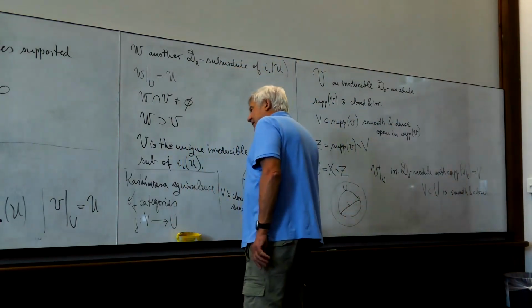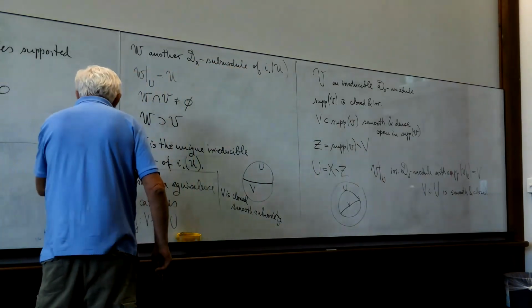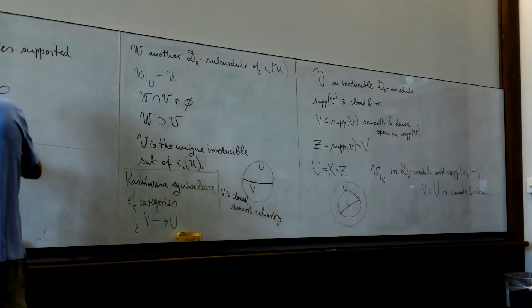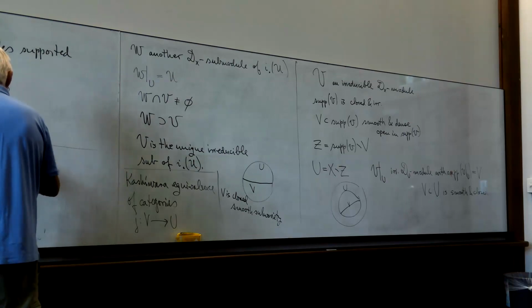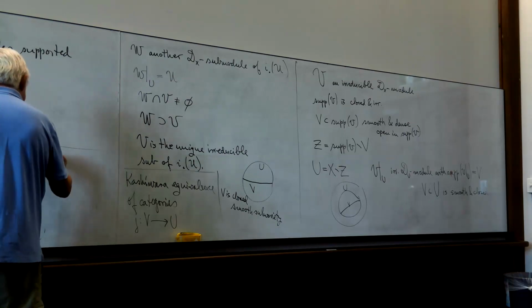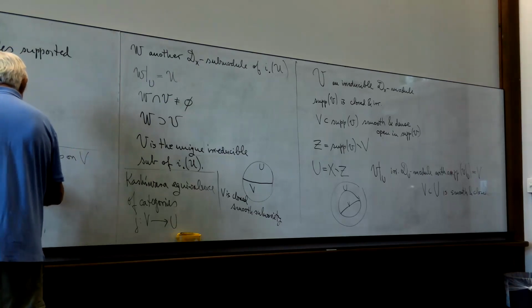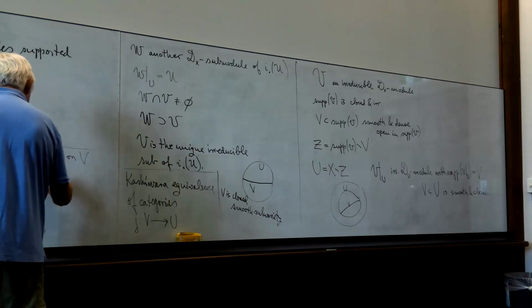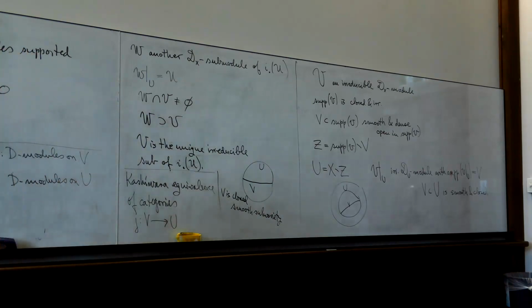So we can define the direct image, say j plus, from D modules on V to D modules on U. I will discuss this construction later.